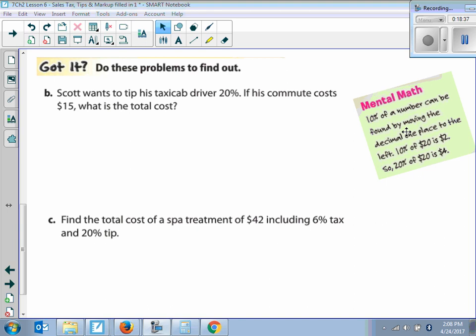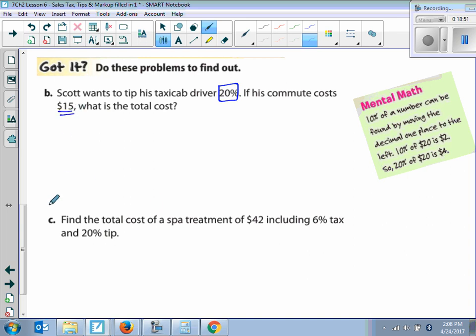Is everybody with me? So, if I look at this one, Scott wants to tip his taxi cab driver 20%. It costs $15 for the trip. If I want to find 10% of $15, can I just move the decimal here one place to the left?